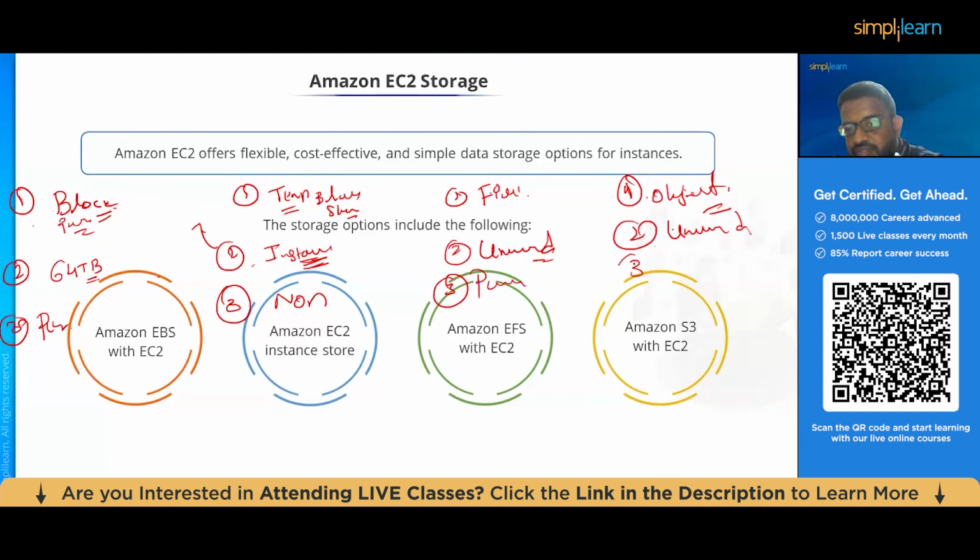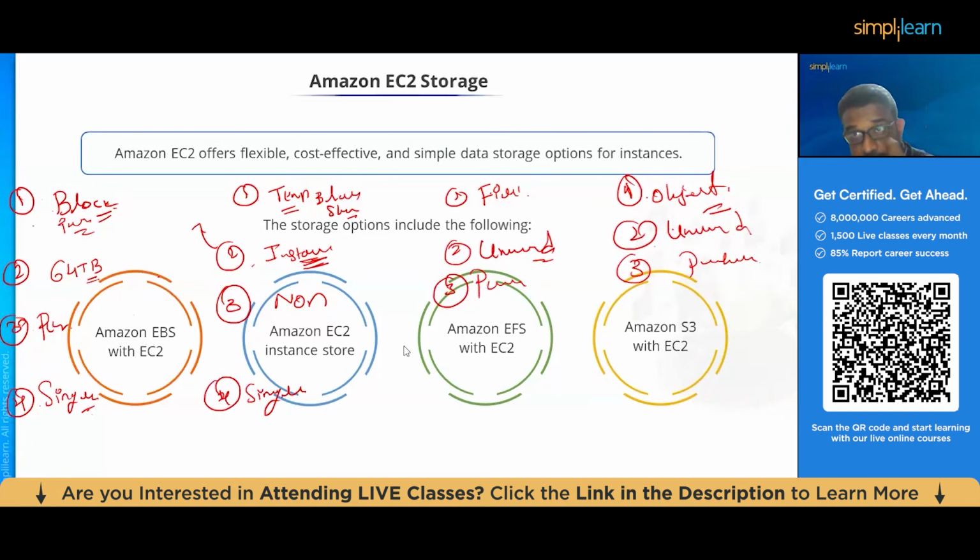S3, persistent, right? Now, if I talk about accessibility, how are we accessing? Single EC2, right? So here also single EC2. What about EFS?